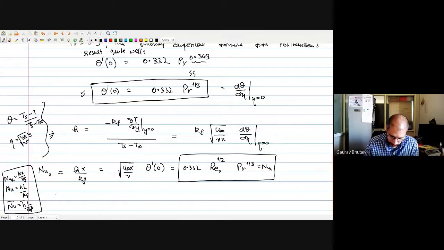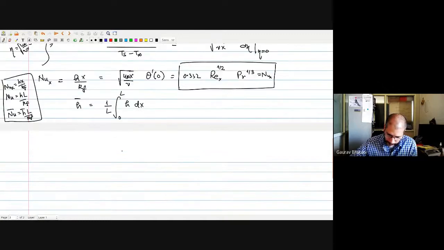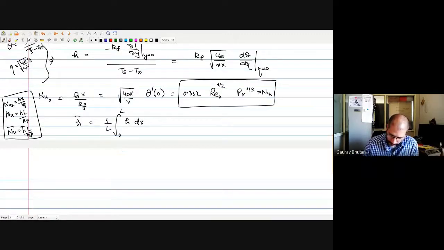So anyways, now we would want to find h bar. So h bar, if you remember, for a plate is 1 upon L integral h dx, from 0 to L. So we can simplify this expression.